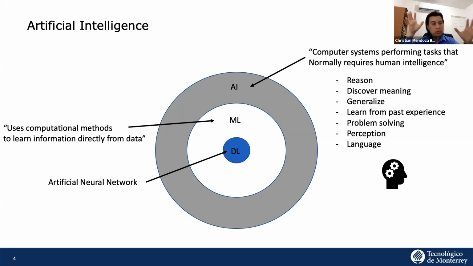Those types of developments are being made using deep learning methodology. So this is current technology, and it's shaping the future as we speak, and it has a bright future ahead.